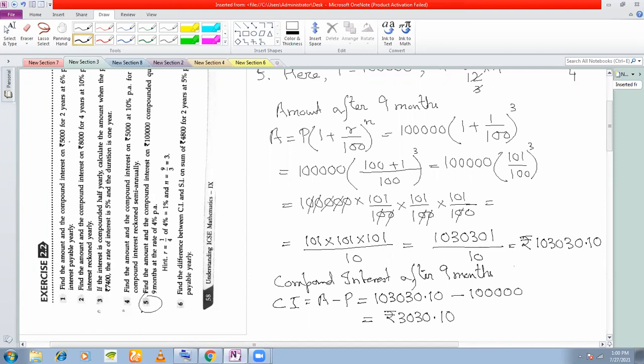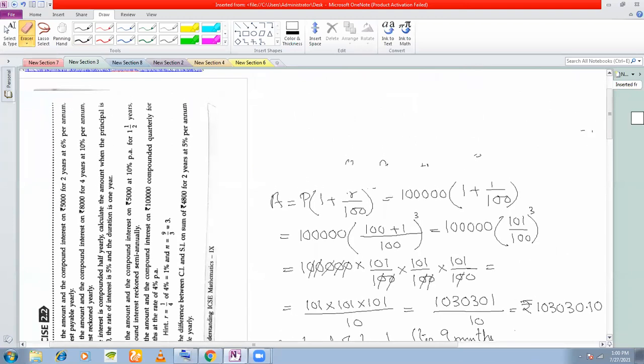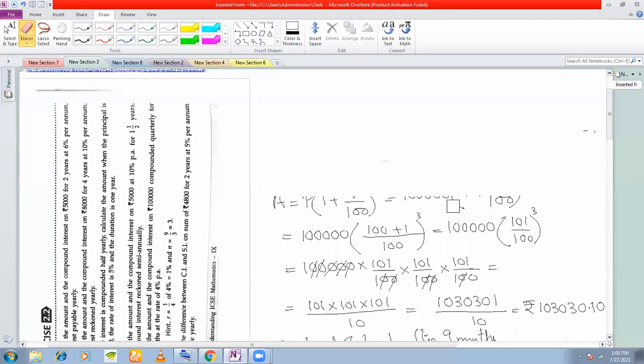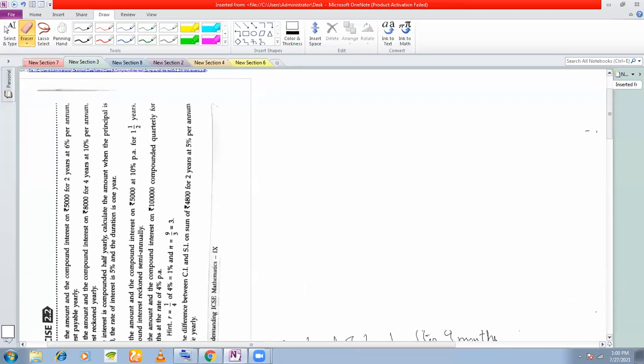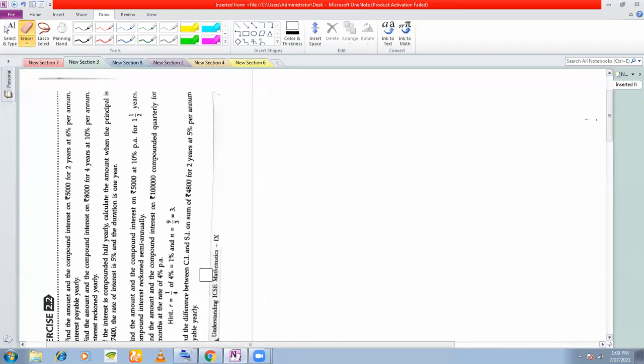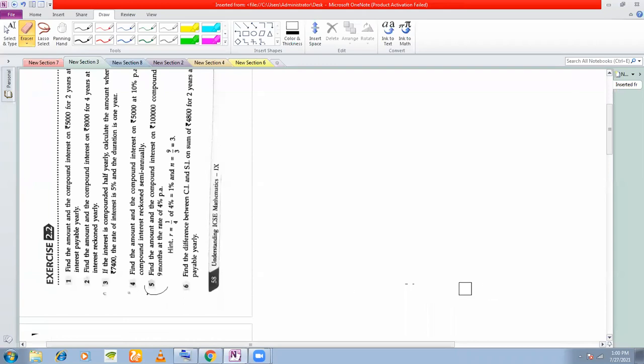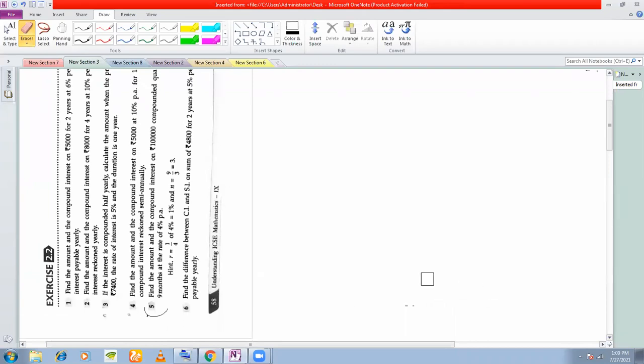fine. Now we move on to a very important technique and also a sum which I gave you in the notes, but it's not there here. Now, what if you are asked to calculate a fractional power? Then what will you do in this case? Suppose the number of years is given to be, say, 2 years 5 months.